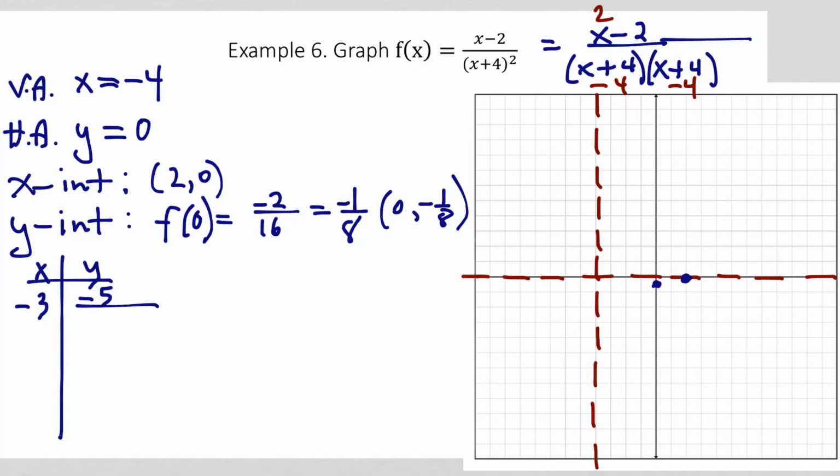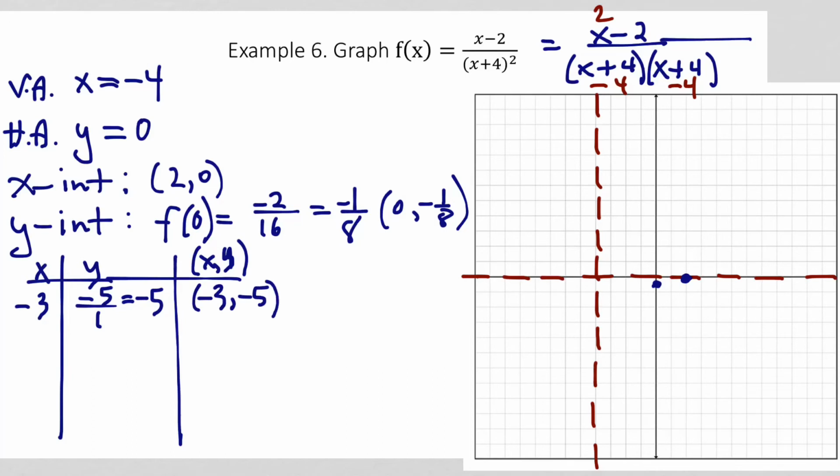That's 1. 1 squared is 1. So let's write my ordered pair. This is negative 5. So I've got the point (-3, -5).